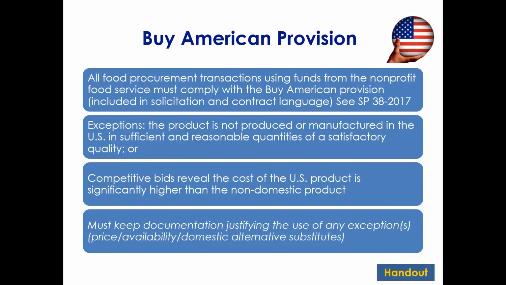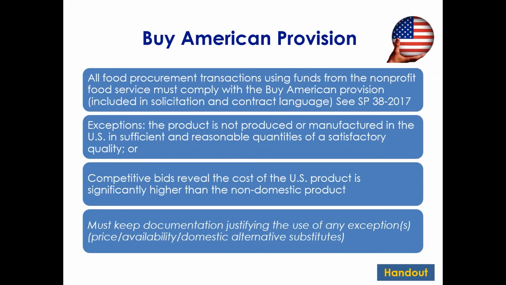So if the product is not produced or manufactured in the US, insufficient or unreasonable quantities of a satisfactory quality, or competitive bids reveal the cost of the U.S. product is significantly higher than the non-domestic product, then you can possibly buy a product that is not born and raised in the United States.